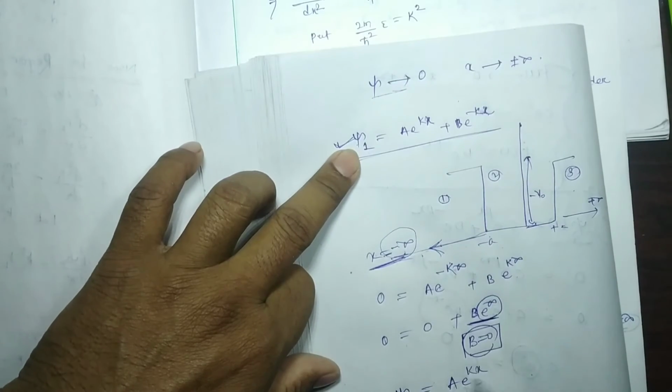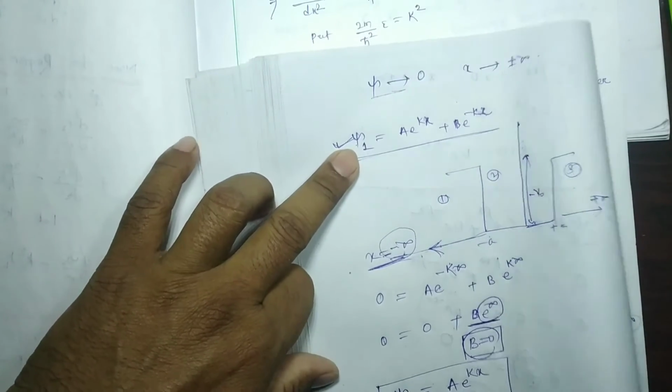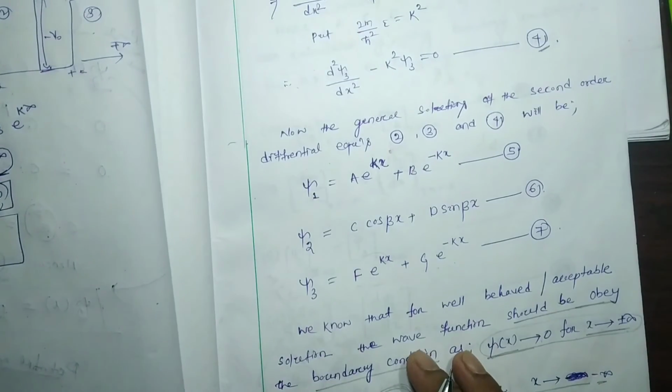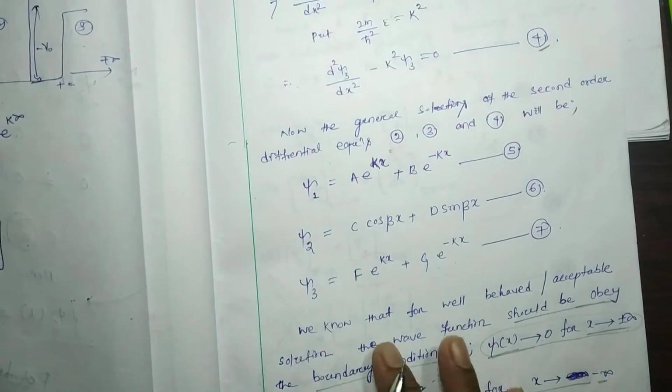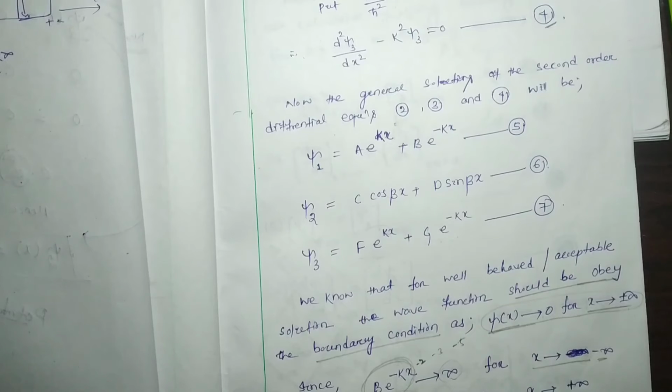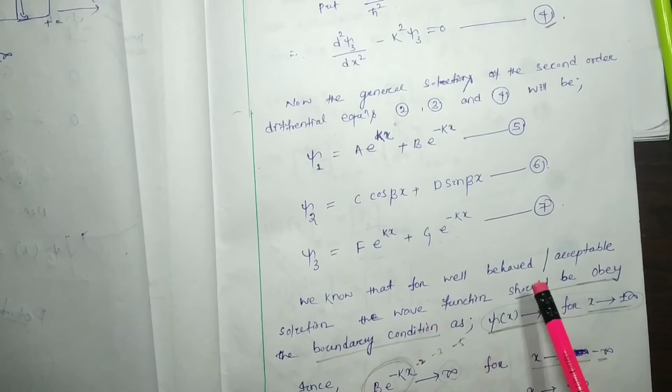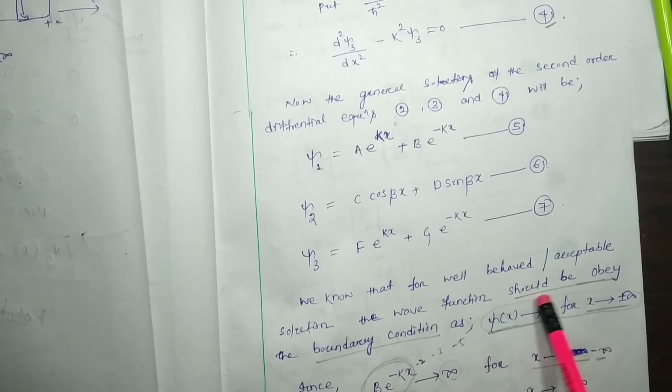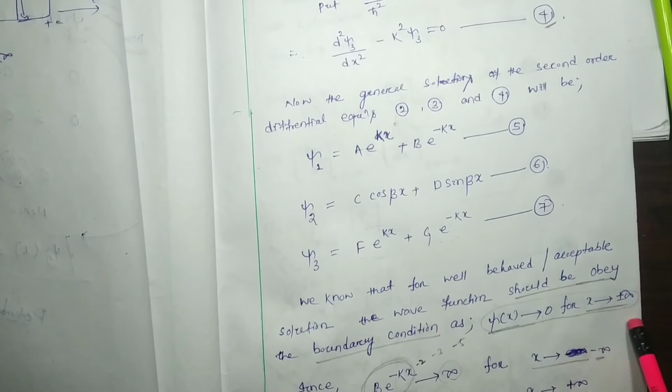Okay, but when we discussed this topic, at that time I explained it in this manner: for a well behaved or acceptable solution, the wave function should obey the boundary condition that psi of x tends to 0 for x tends to plus or minus infinity.